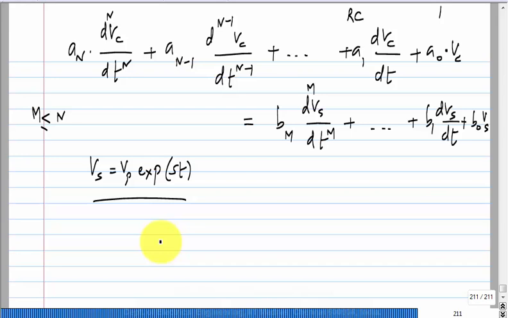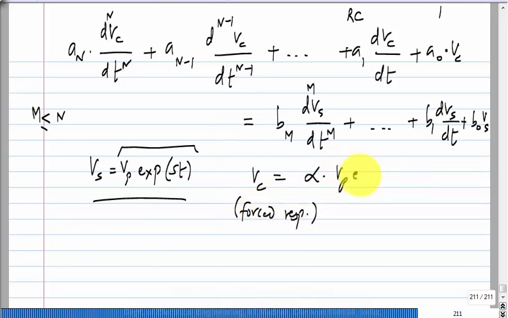We know that if Vs is this, the forced response part of Vc is going to be some alpha times Vp exponential St. So, all you have to do is to substitute this there and substitute this over there, and what will be the result?